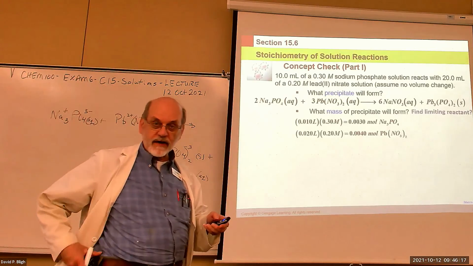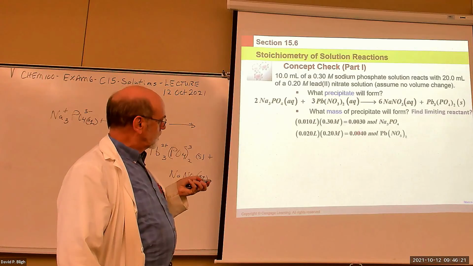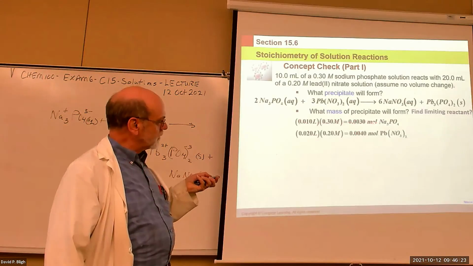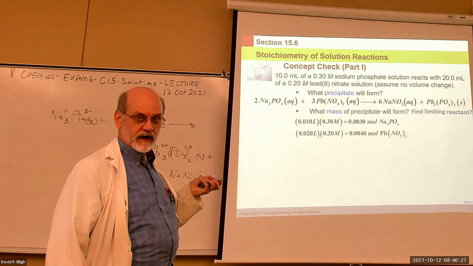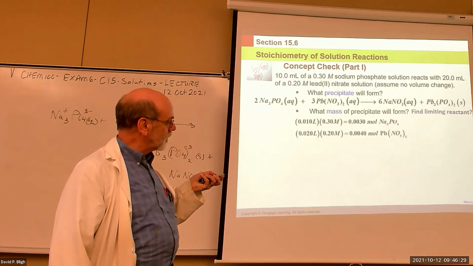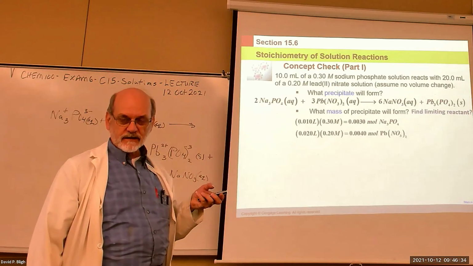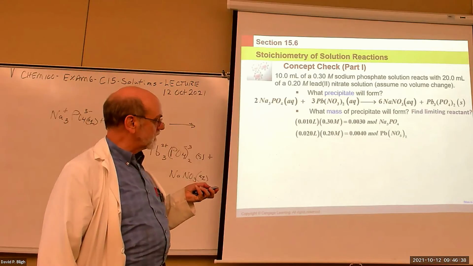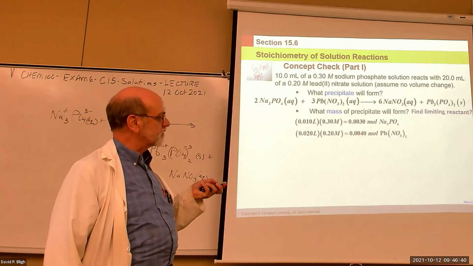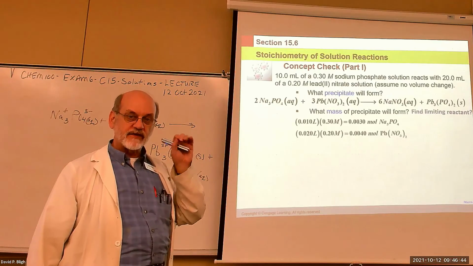Now, remember how we found the limiting reactant? Since it's now in moles, we can move in our equation, and convert all of this into the solid. Say, how much solid does it form? And then do the same thing for the lead 2 nitrate. How much solid does it form? And the limiting one is the one that makes the least amount.